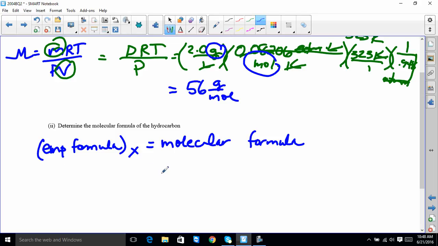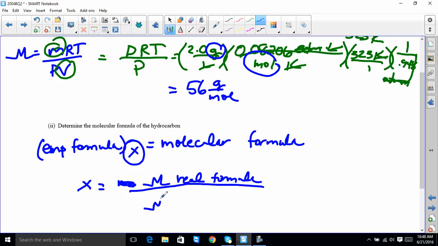And so the first thing you have to do is figure out what X is. The way that you do that is, let's say we're solving for X. It would be the molar mass of the real formula divided by the molar mass of the empirical formula, which is the reduced formula.